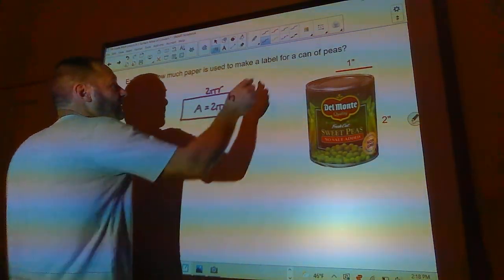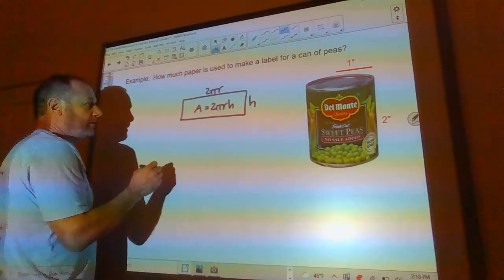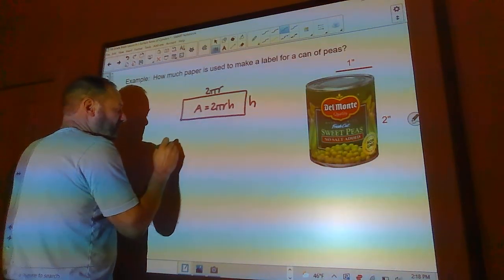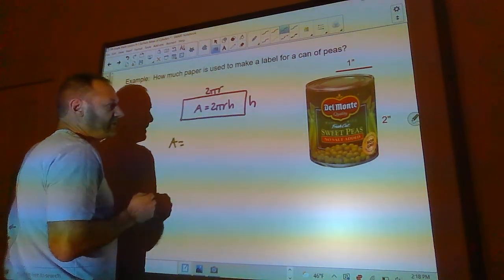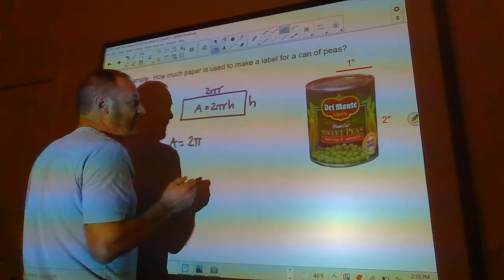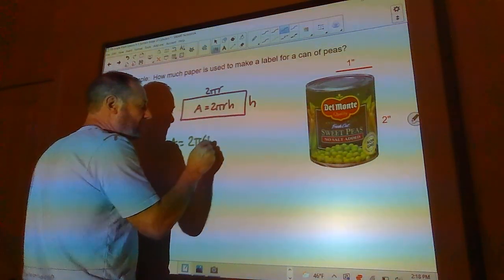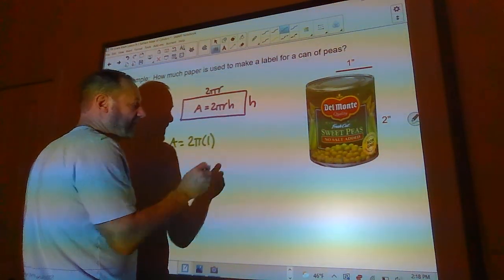Okay, so I'm going to go ahead and plug in my numbers here. So the area that I want is going to be 2 pi times the radius, which is 1, times the height, which is 2.